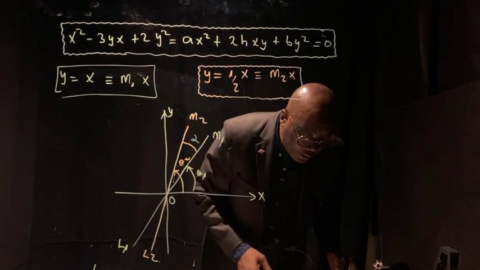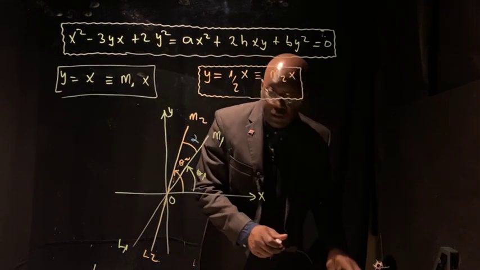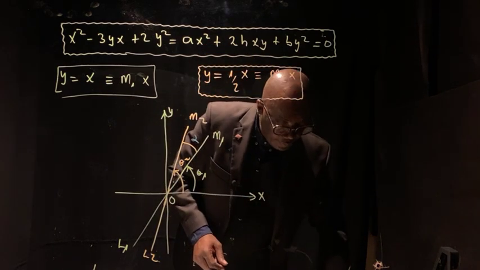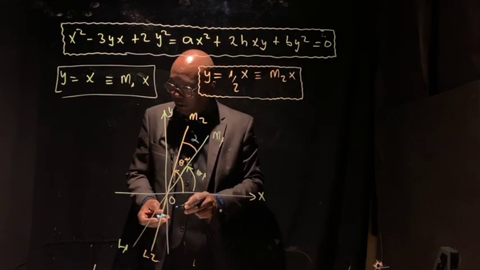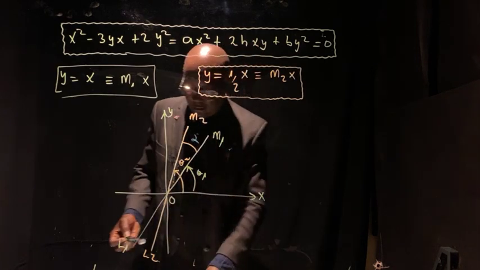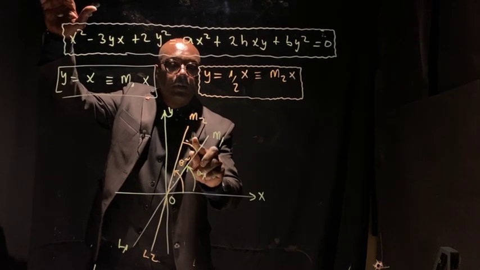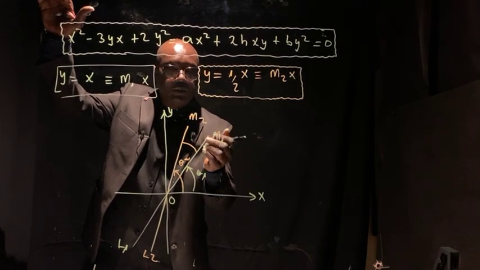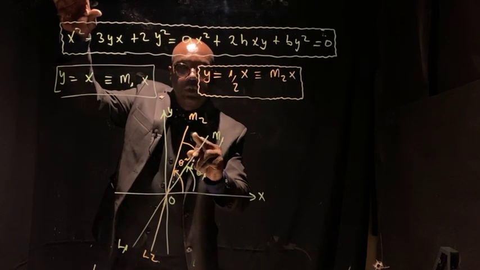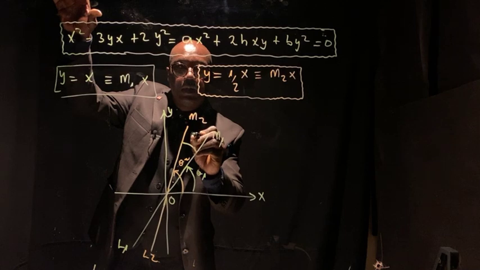Let me see whether you can see it on the board. Yeah, you can see it. But it is not wise to use that color. So I'll still maintain this angle to be alpha.